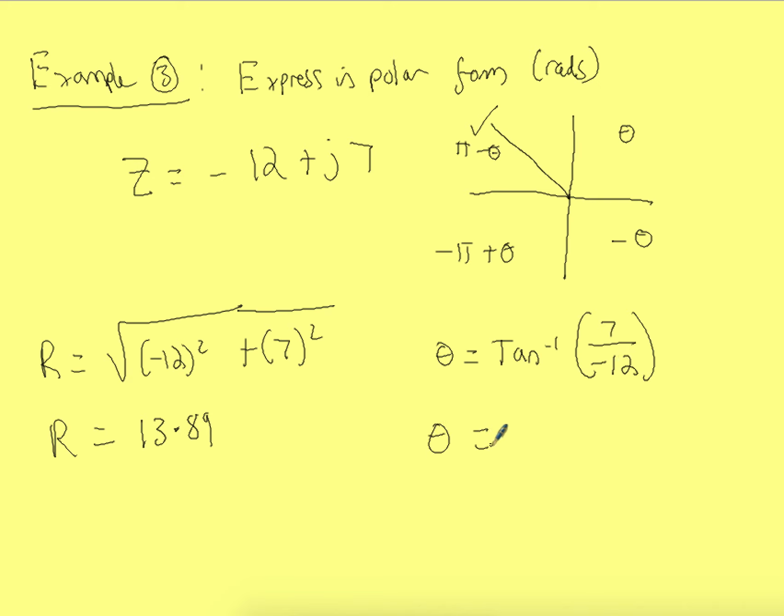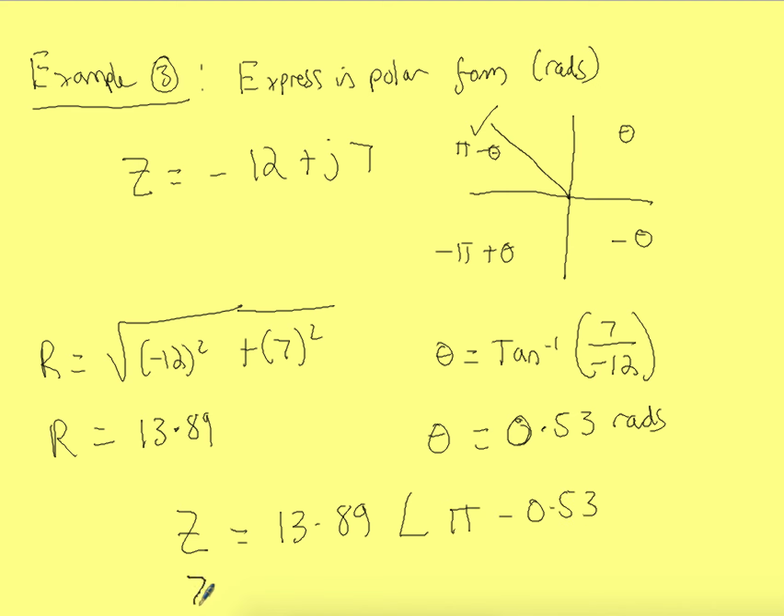So I've got the inverse tan of 7 divided by 12, which is 0.53. So then Z equals 13.89 at an angle of, well, it's pi take away, so I've got 13.89 at an angle of 2.61 rads.